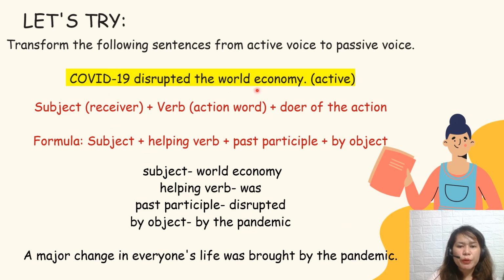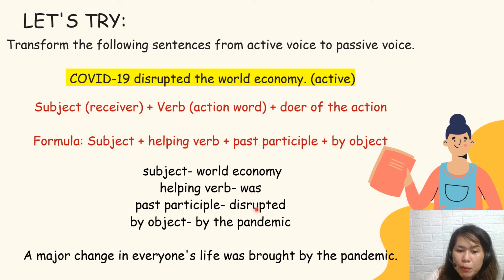COVID-19 disrupted the world economy. So, papalitan natin yan. So, ang mangyayari, paki-disregard lamang po ito, typo to. So, ang mangyayari yan, kapag ating kinonvert into passive, etong ating receiver mapupunta doon sa ating unahan, di ba? Kaya ang mangyayari, the world economy, kailangan natin ng helping verb was, kasi syempre, past tense na to kaya was to.